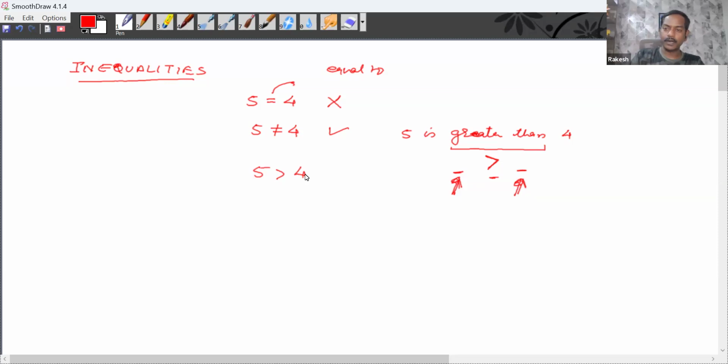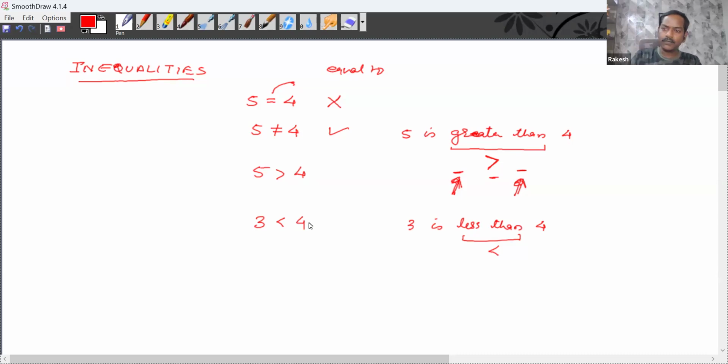Now, if there is a sign for greater than, then definitely there must be a sign for less than, right? For example, if I want to introduce a mathematical sign between 3 and 4, of course, 3 is not equal to 4, so we can say that 3 is less than 4. This phrase less than, in mathematics, we represent it like this. If I introduce this symbol, then we can say that the number 3 is less than 4, right?